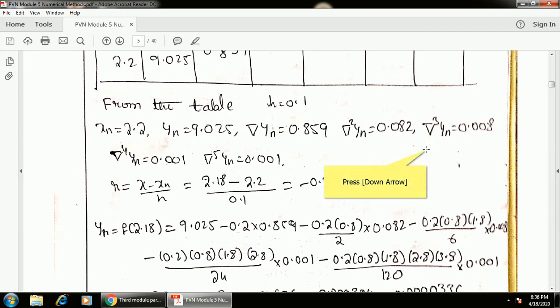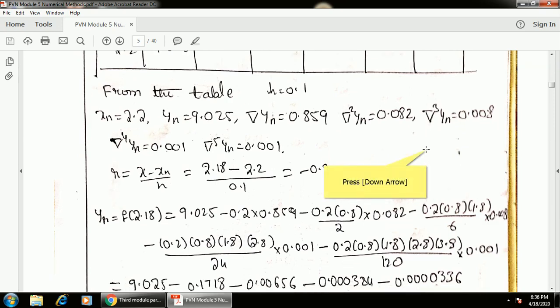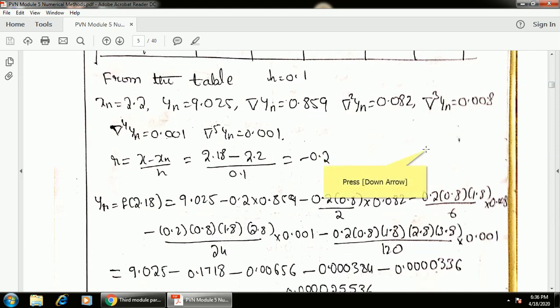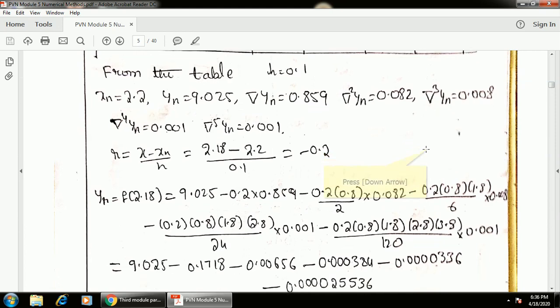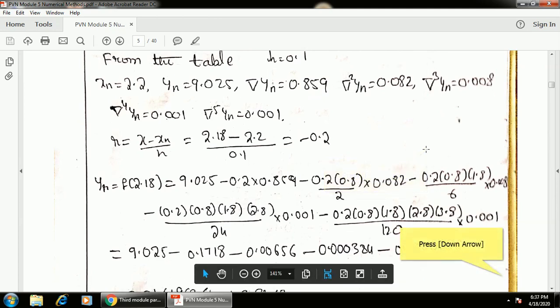f of xn plus rh, xn plus rh is 2.18. yn is 9.025.